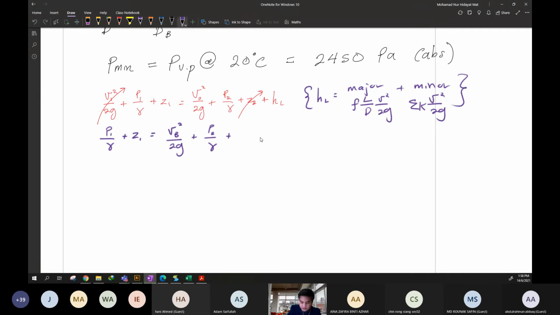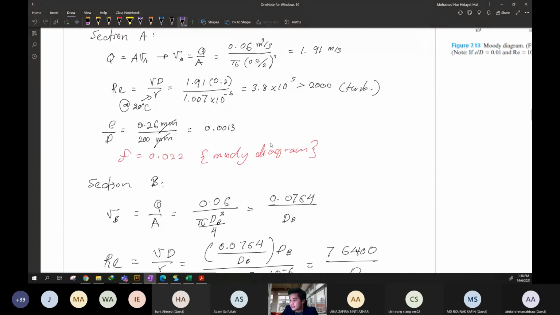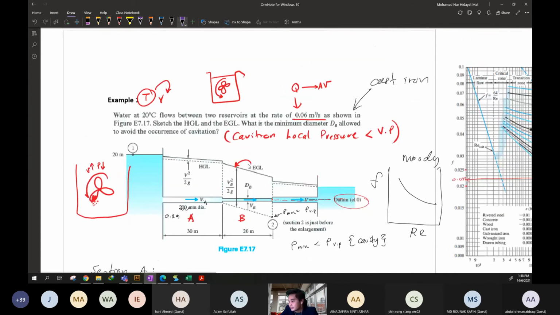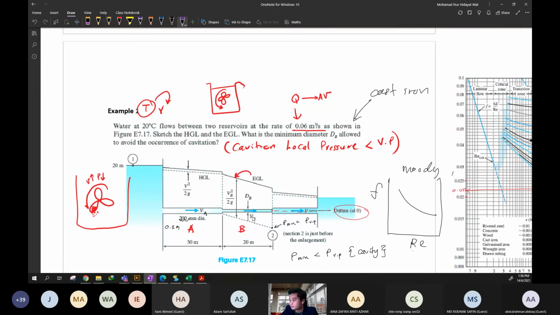Start with the entrance, K entrance times VA squared over 2g, plus K contraction times VB squared over 2g. The entrance relates to A, and the contraction relates to VB.